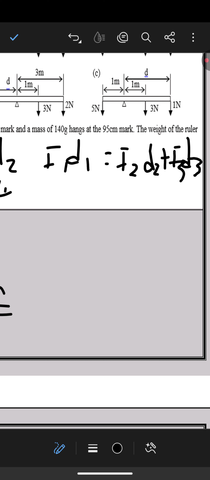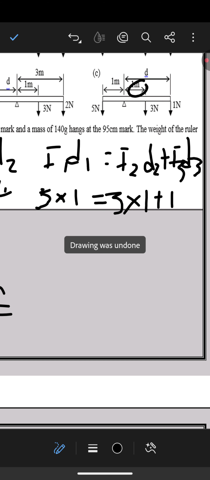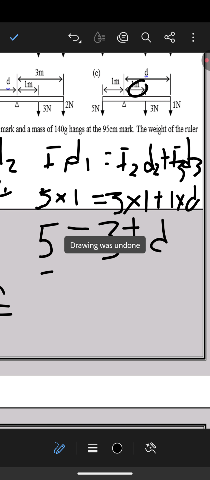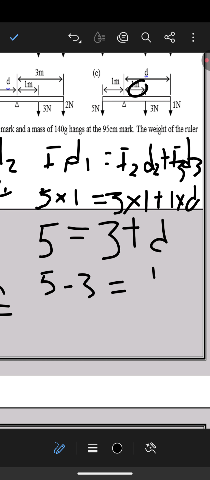F1 is 5 times D1, it's 1. F2 is 3 times distance 2, this one, 1, plus F3, it's 1 times distance 3, it's D. So 5 times 1, 5, equals 3 times 1, 3, plus D. So we're going to have 5 minus 3 equals D. 5 minus 3 is 2 meters equals D.